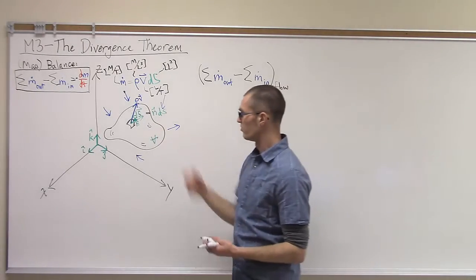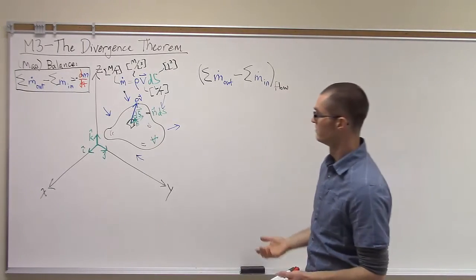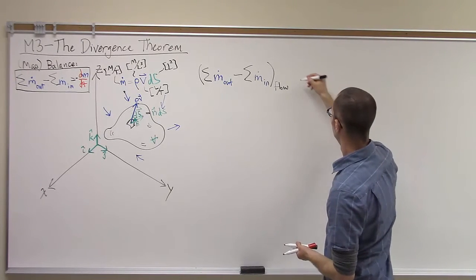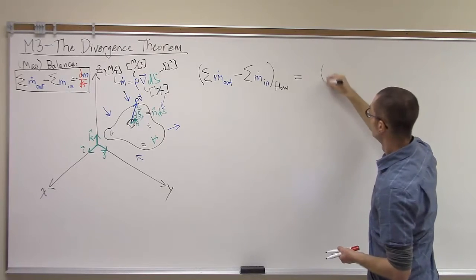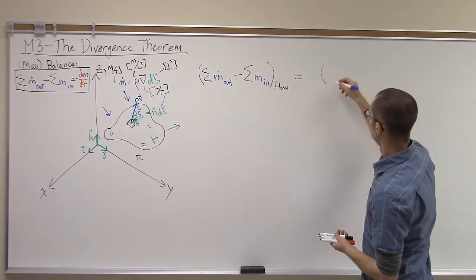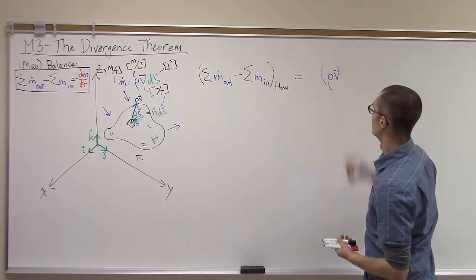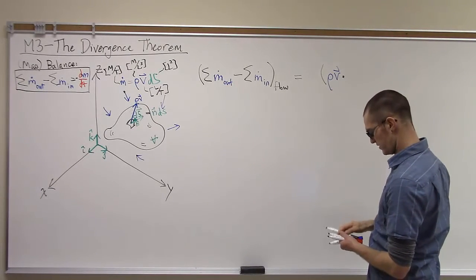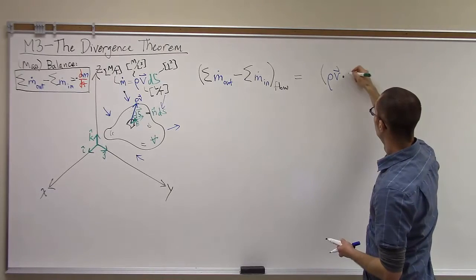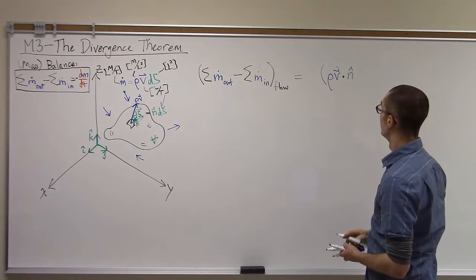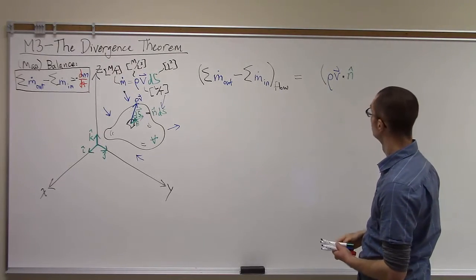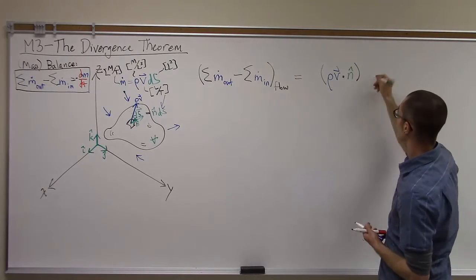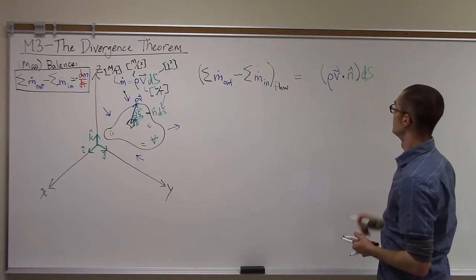So the small piece here that's flowing out, we get from taking the dot product between rho v, that flux rate, dotted with this outward normal, and then multiplied by the piece of area.